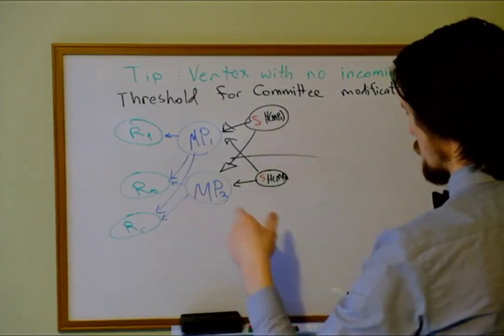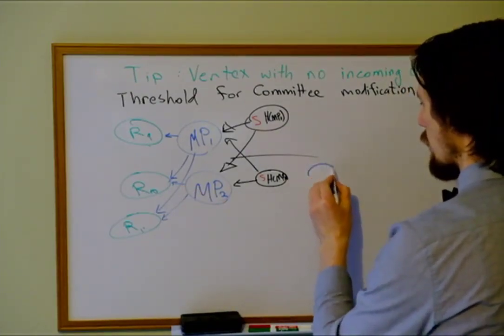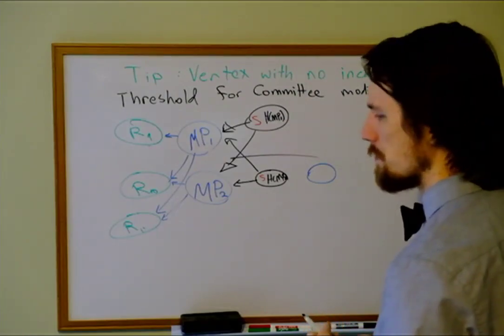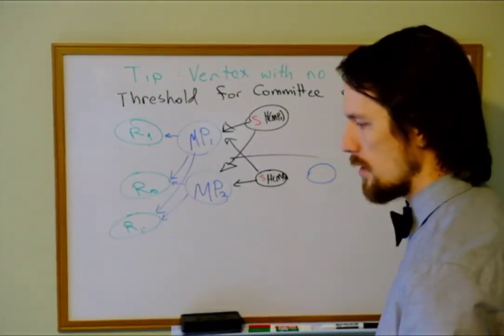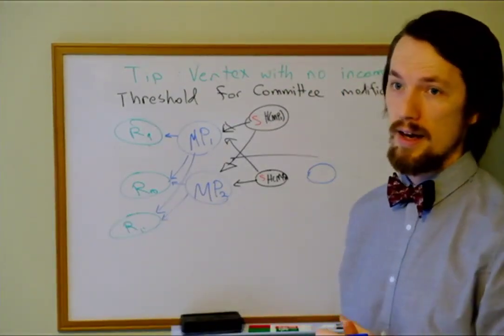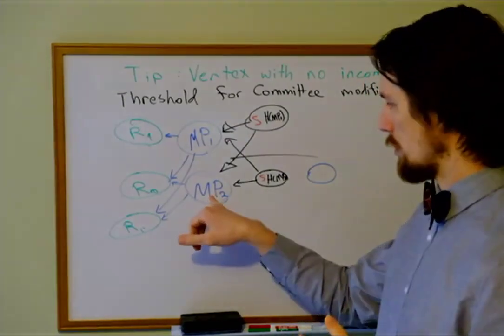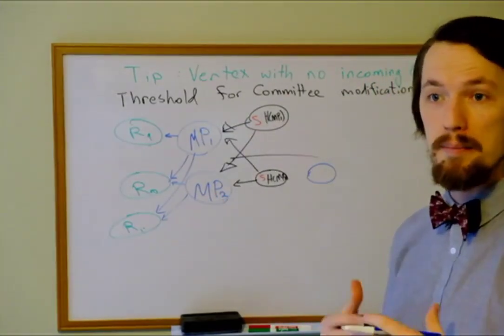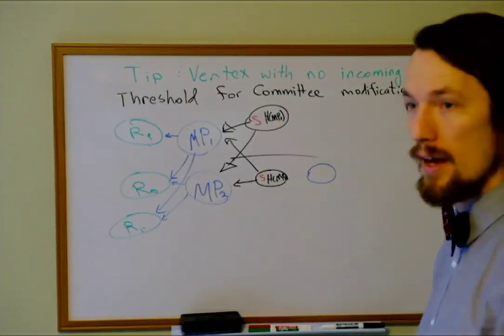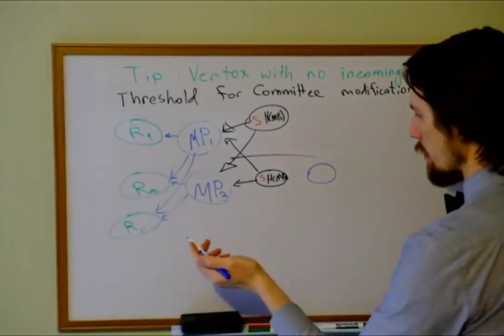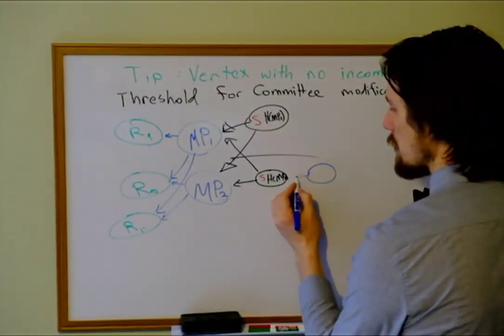I'll do it in red since I was in red. Someone could publish essentially an announcement that, in this case, since this is on the bottom, MP2 succeeded, and everyone decided that MP2 is great in that subtangle.